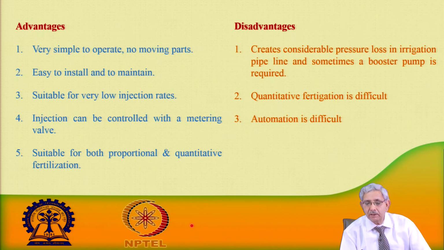The disadvantage of this system is there is a considerable head loss due to constriction and attachment. So, sometimes it requires a booster pump to create adequate head to supply fertilizer along with irrigation water. Quantitative fertigation is difficult, and moreover automation is also difficult when we want to give fertilizer along with irrigation water.